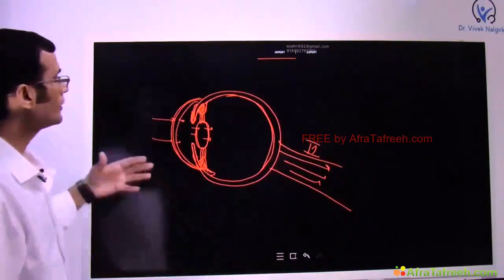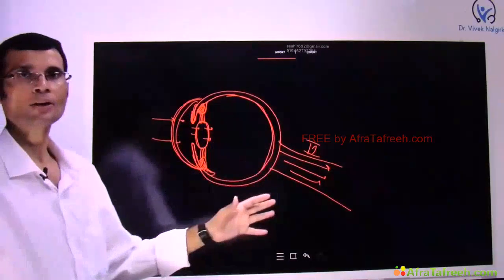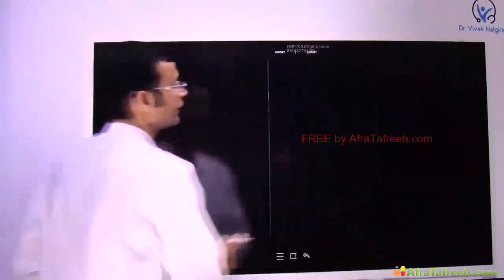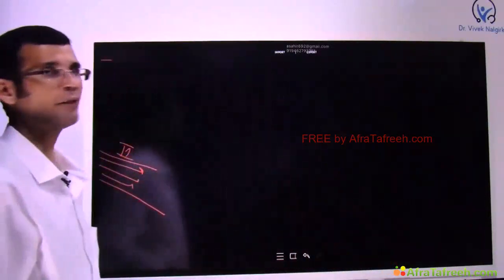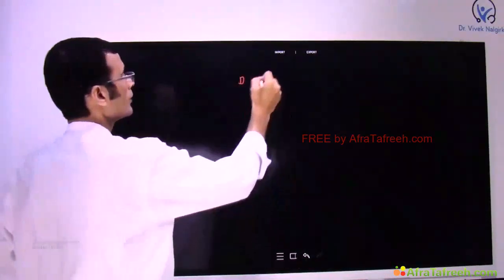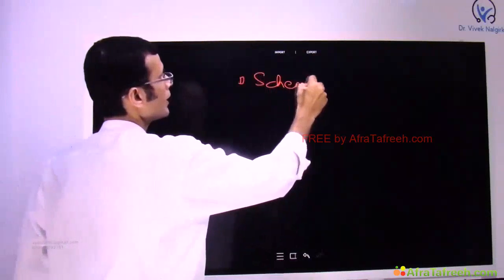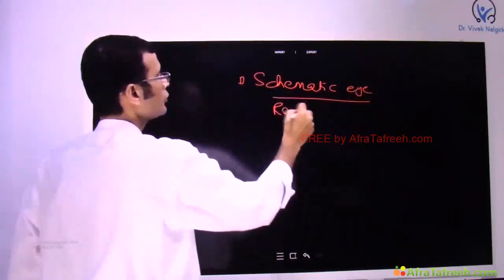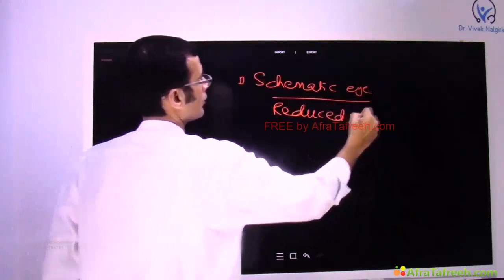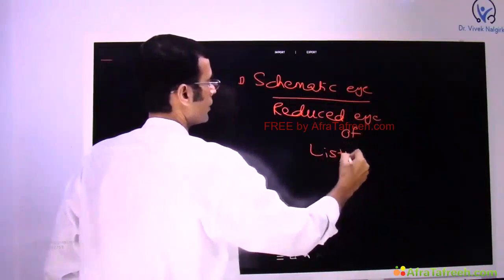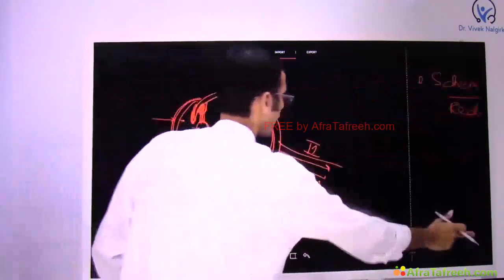Since this is a very complex model of the eye to understand, a simplistic model of the eye was devised, called the schematic eye or reduced eye of Listing.